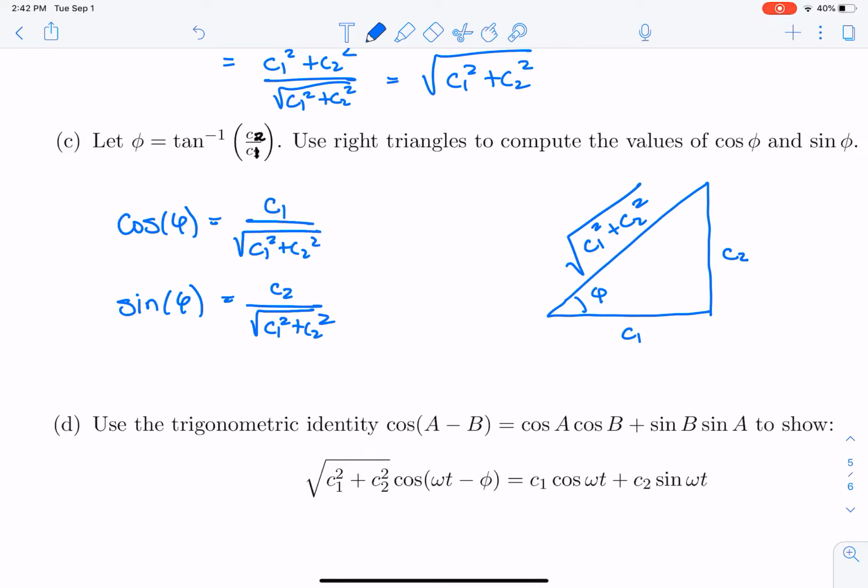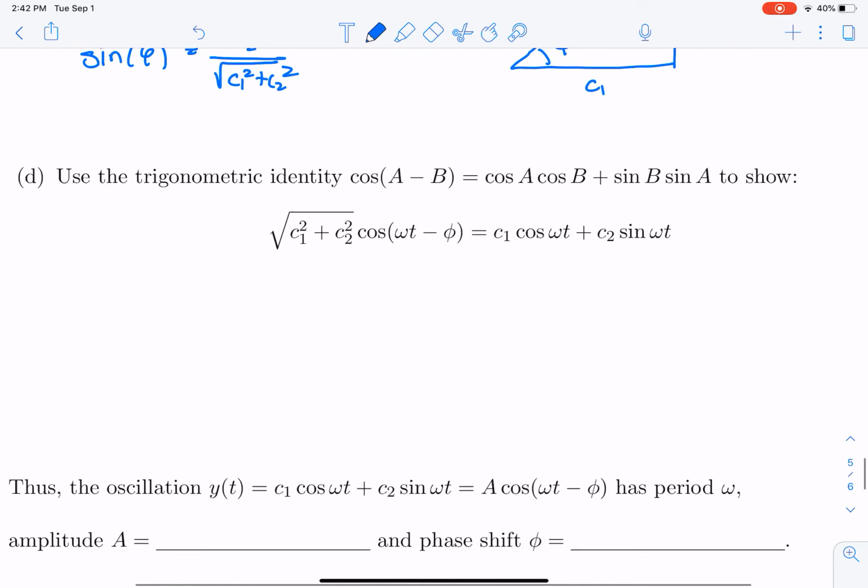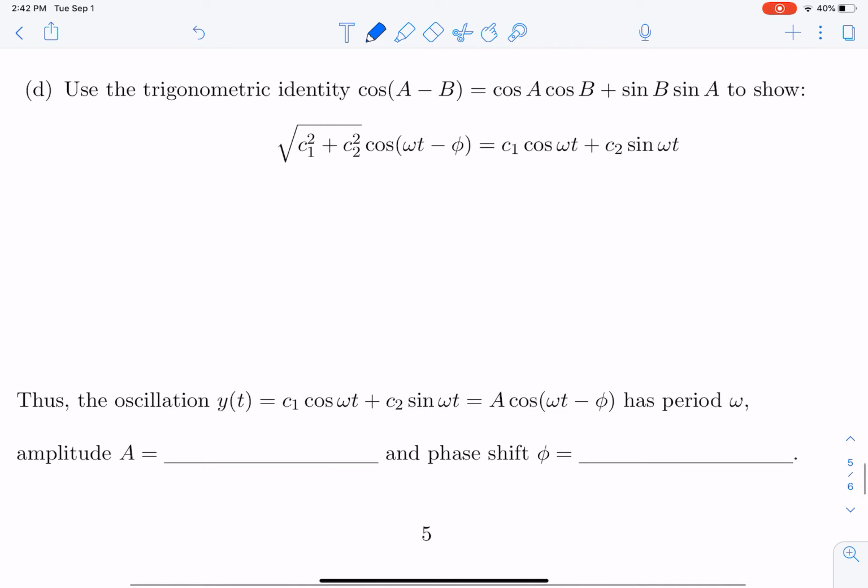Now, I'm starting with this guess about what my phase phi is going to be, and then I'm going to show you that it works. Essentially, I'm going to plug phi right here into my equation and show that it works.